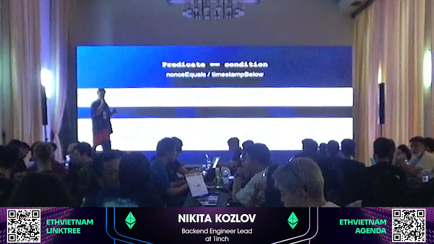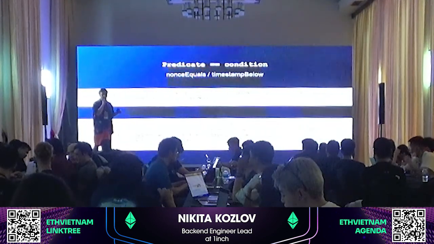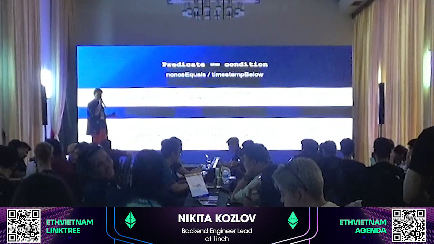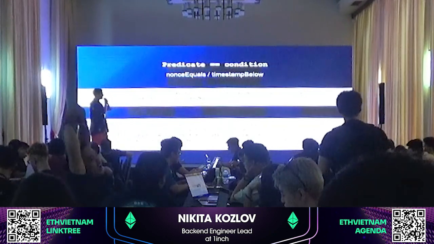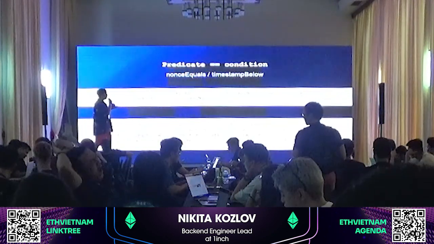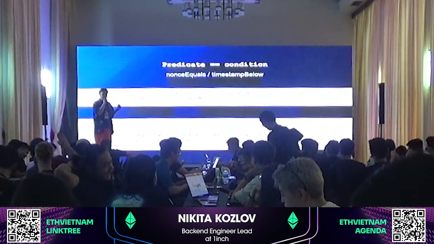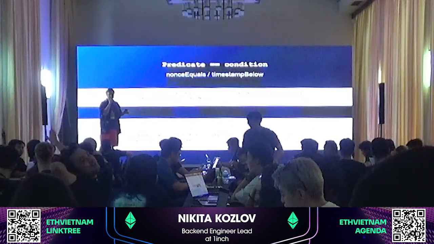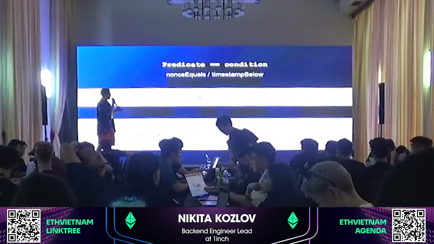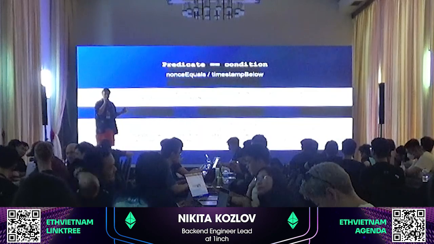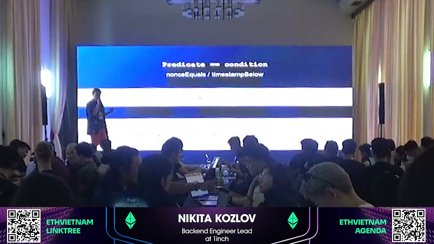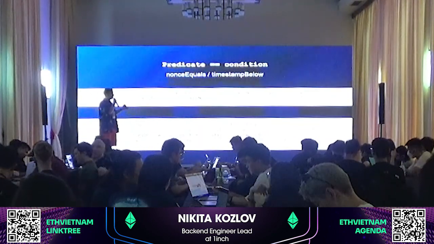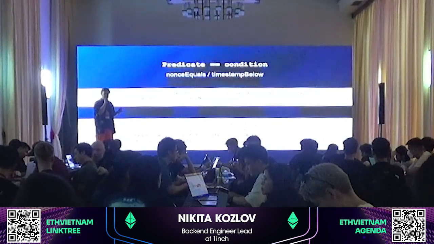So basically, you can use any predicate that you implement on the smart contract level, and there are some default ones. For example, pinning on the market side on the limit order, or a timestamp below condition that allows you to execute trades during a specific timestamp.